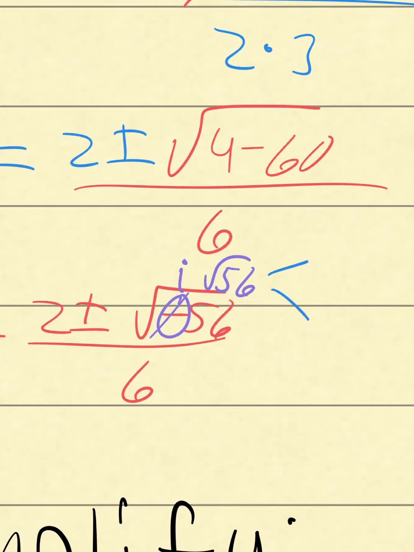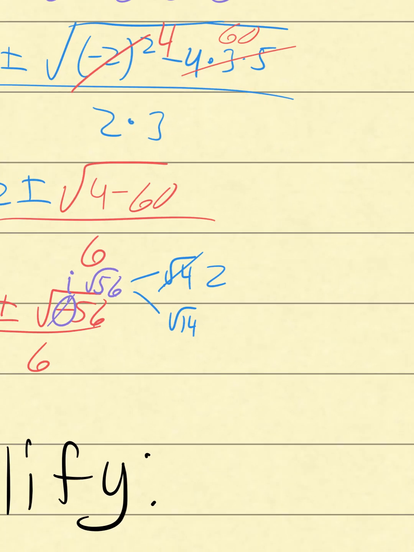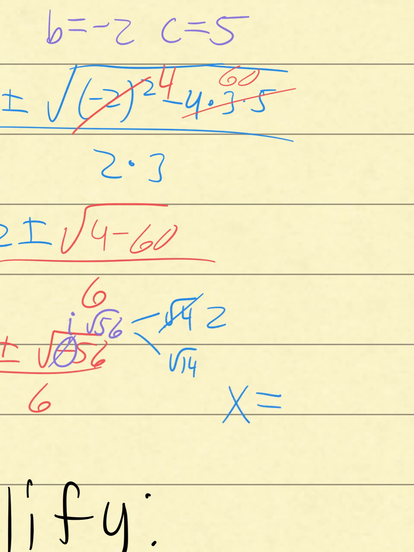Why don't we try 4? Can you multiply 4 by anything to get 56? 14. Good. And the square root of 4 is going to get you 2. So we get x equals 2 plus or minus 2i square root of 14 over 6. Don't forget the i.